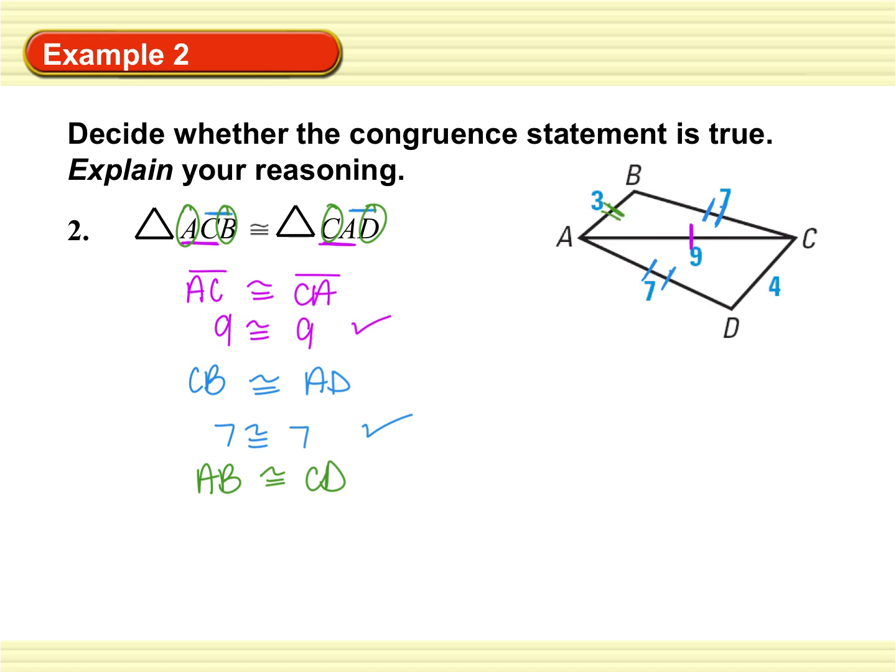So AB, is that congruent to CD? Is 3 congruent to 4? Good, no. So this is going to be no. Okay, they are not congruent because of this statement here. It's going to be no, they're not congruent.